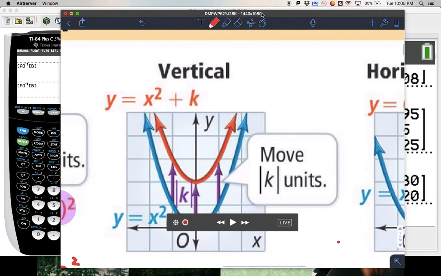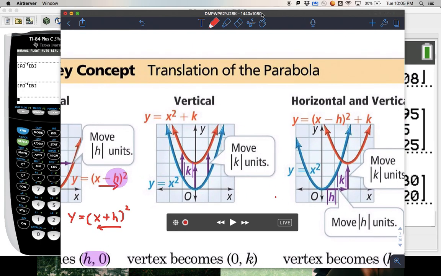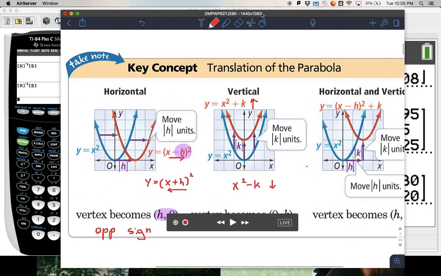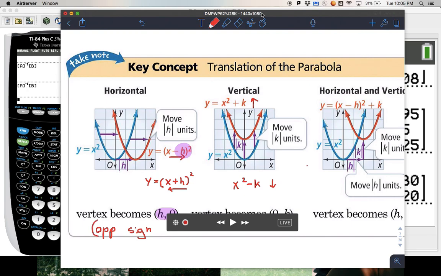If you have a plus k right there, that moves you up. And if you have minus k, so I'll write that example down here, x squared minus k, that moves you down. You don't have to worry about opposite signs with this really. The only time you think of opposite signs is when it's inside of parentheses.